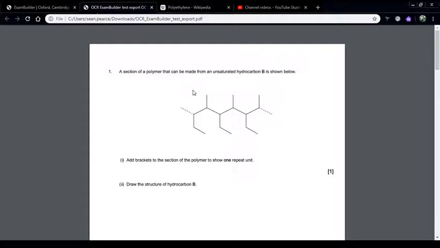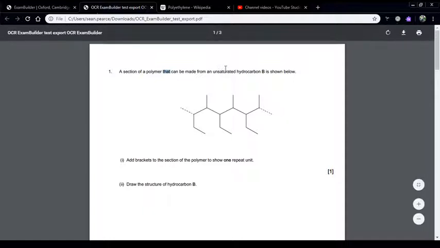We can see this is a typical exam question that they'd ask. They have a cutout of a molecule. This is going to be a polymer. It's a section from a polymer, made from an unsaturated hydrocarbon, and it asks us to show one repeat unit of a polymer.